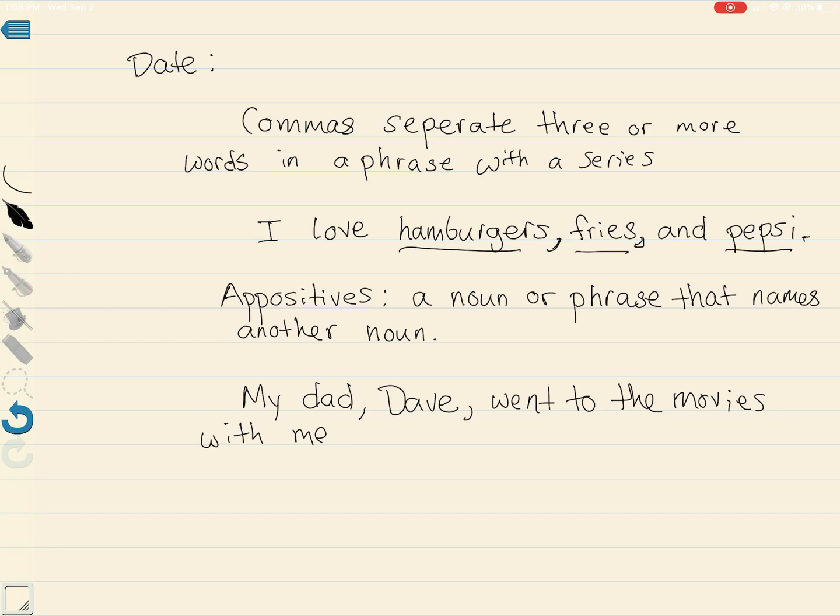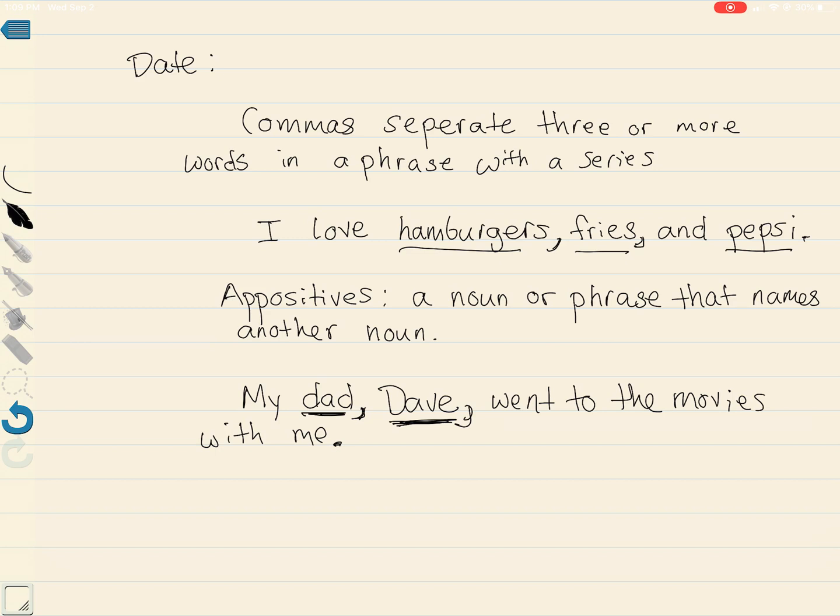We're talking about appositives today, which in this case is Dave, because they always have a comma before the appositive and a comma after. So you want to make sure that your appositive is naming what it is. So my dad is Dave.